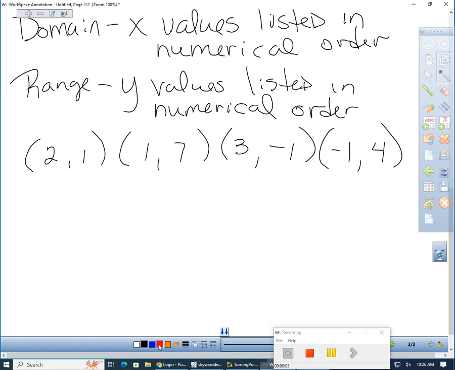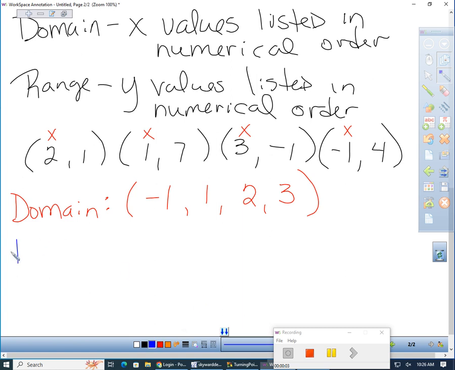My domain is my x values. All of my x values in each of those points. So I would say my domain, put a little colon here and a bracket or a parenthesis. Okay? And we put our x values in numerical order. So the lowest x value we have is -1. Then we have 1, 2, and 3.